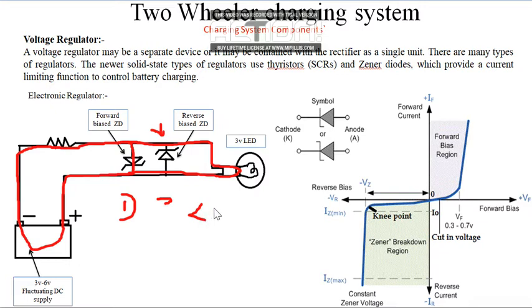And the Zener voltage of both, which we denote as Vz, is also 3 volt for us.